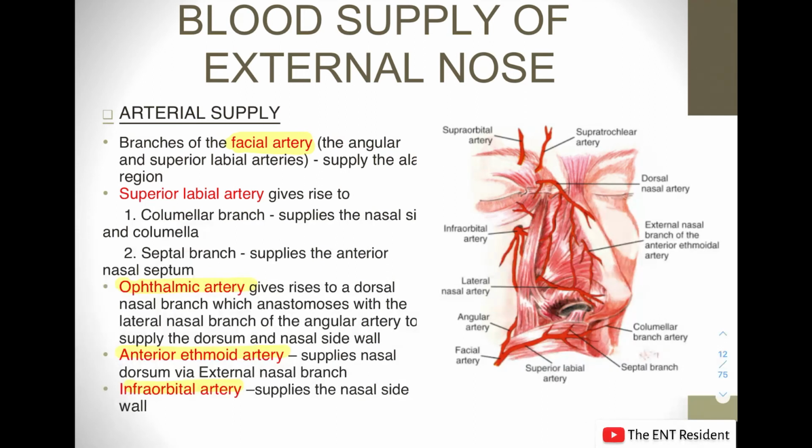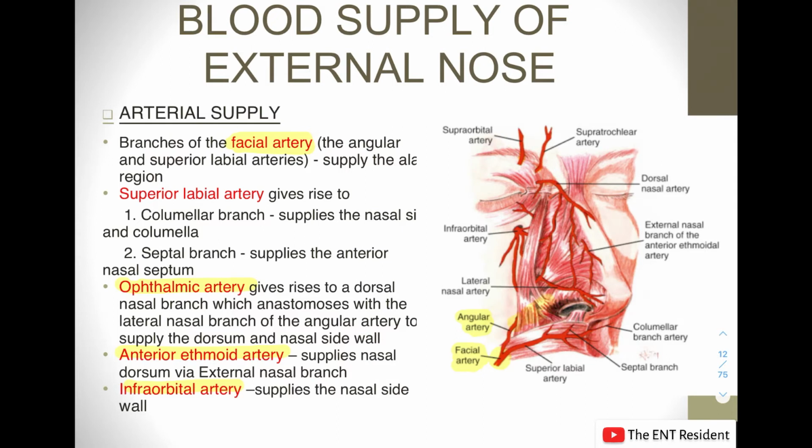So first we'll talk about the facial artery. As you can see in the picture here, this is the facial artery. This itself is giving 2 branches, the angular artery, which is going to supply the alar region, as you can see over here.